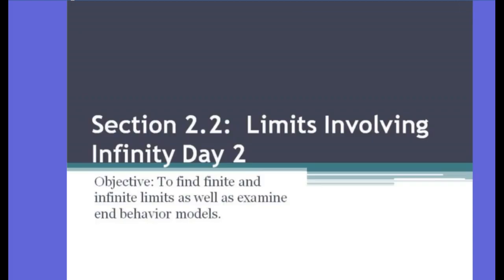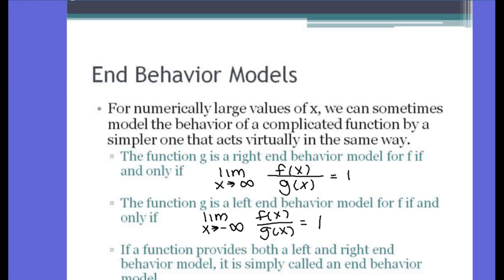So today we're still just looking at limits involving infinity. Yesterday we were looking at answers going to infinity. Today we're going to look at what if x is going to infinity. If x is going to infinity, we're really talking about horizontal asymptotes. So these are what we call end behavior models.